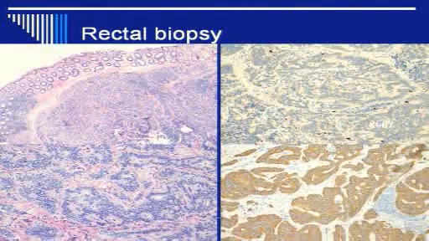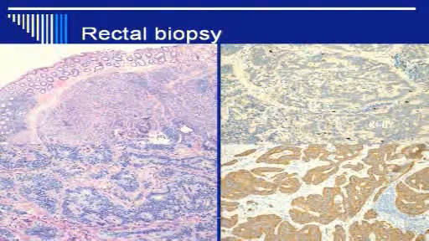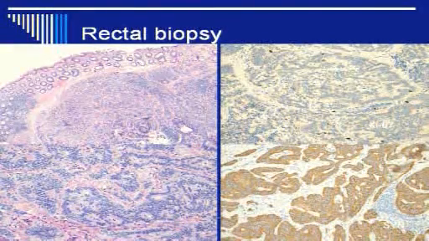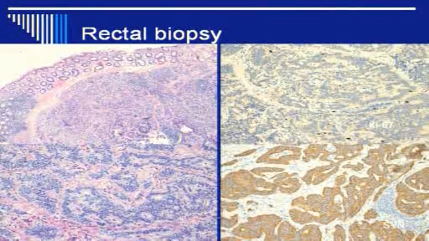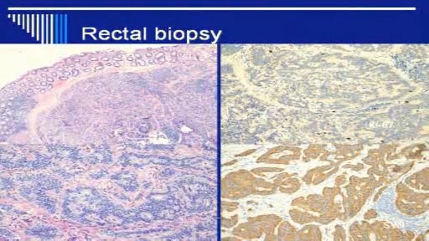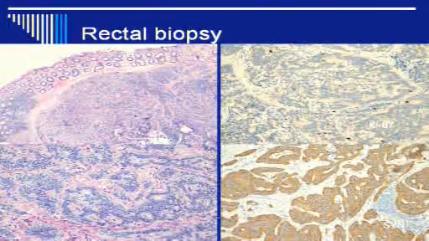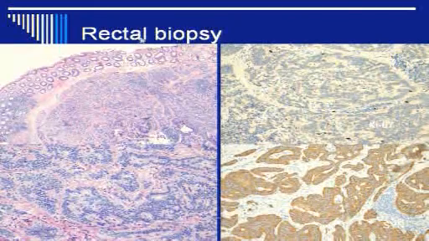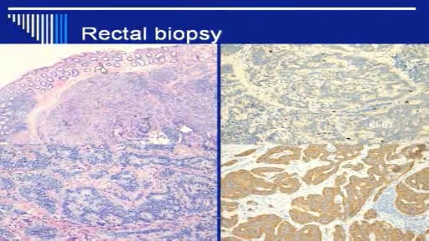So just to give you an idea what we're talking about, this is what a biopsy looks like. It's really hard to look at it from this angle, but I cannot do this without pointing at it. This is a rectal biopsy. We have the surface mucosa here, and the tumor is in the submucosa.